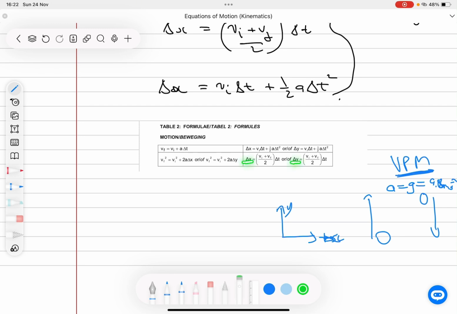Even in this one here, we still have the same thing, or we can write this as change in y. So we can use the same equations. That's the reason why in your formula sheet or your information sheet, you'll find that we write them both in x and y, because the conditions for these equations to exist are still true.